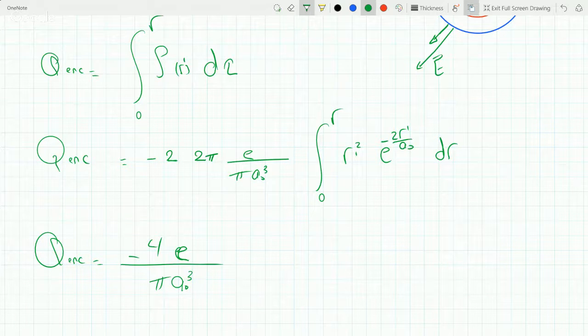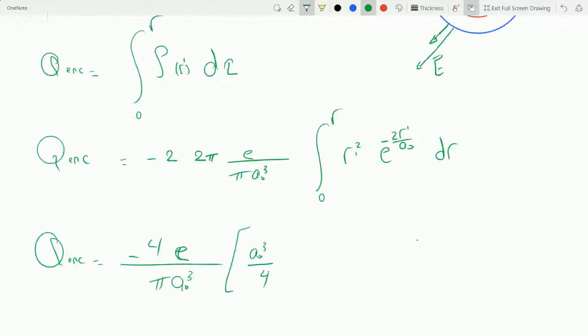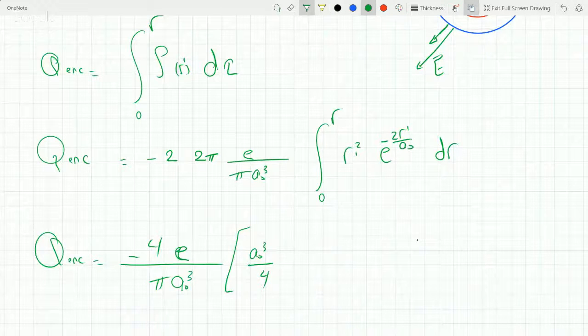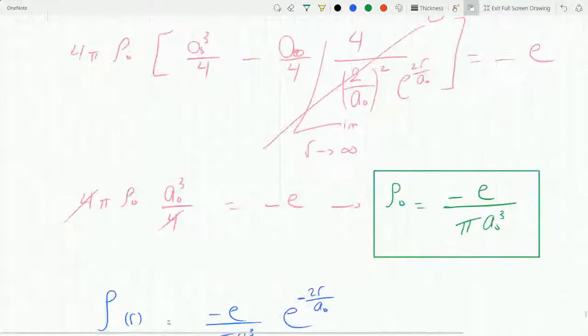And the integral turned out to be a0 cubed over 4 minus a0 over 4 times... I'm just going to go to the final answer because it's the same exact integral.